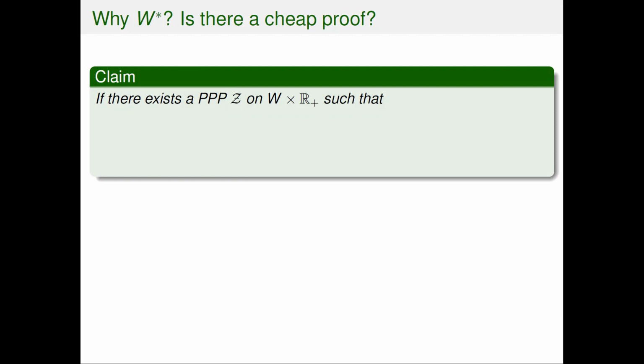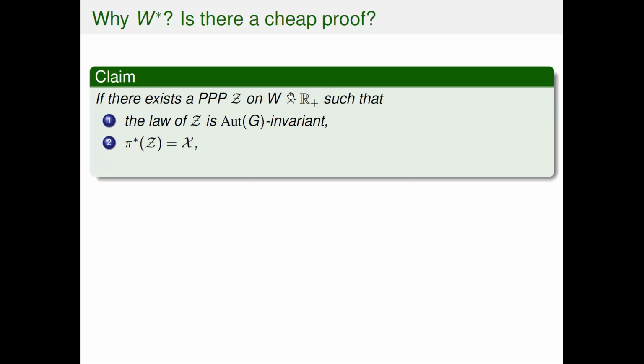The claim is that if there exists a Poisson point process, let's denote it Z, which is like the interlacement, but it lives on the space of doubly infinite trajectories without time shift. So W plus R, not modulo. So if there is a point process on the space of labeled doubly infinite trajectories such that the law of this point process is automorphism invariant, or equivalently, its intensity measure is invariant under automorphisms, and moreover, if you take the modulo time shift of this, you get the interlacement point process.